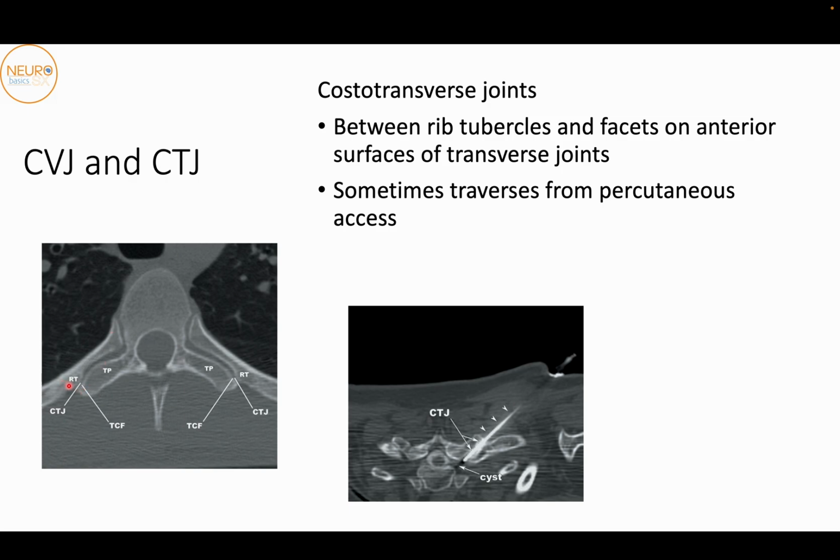There's also a rib tubercle lying more posteriorly, which forms another joint with a facet which is located on the transverse process, that is the costotransverse joint. This costotransverse joint might sometimes need to be traversed to basically reach areas like the neural foramen at times. So percutaneous access might actually end up going through this costotransverse joint.